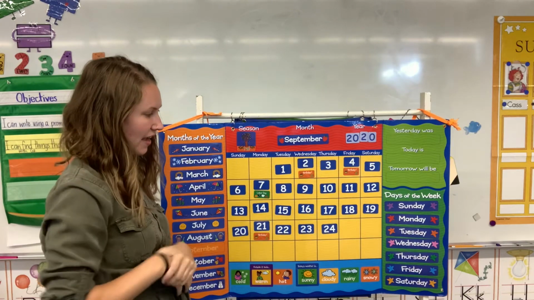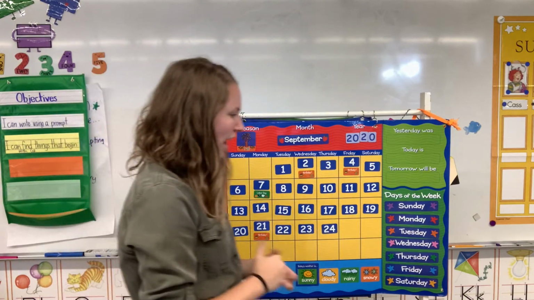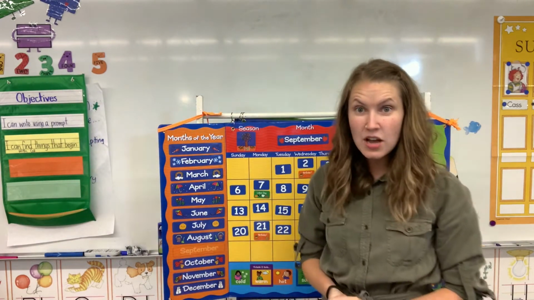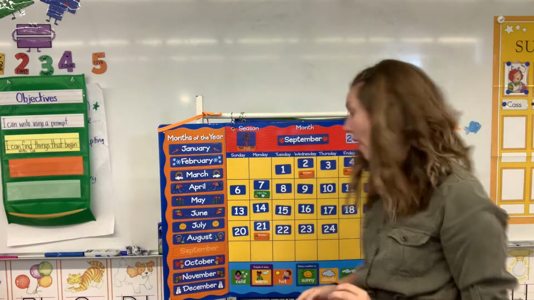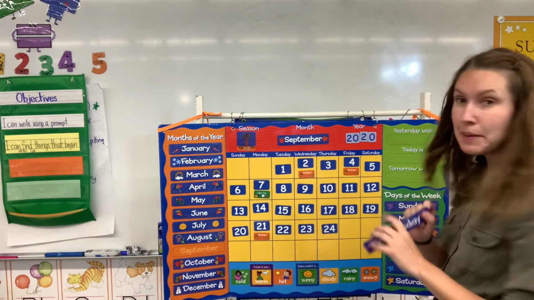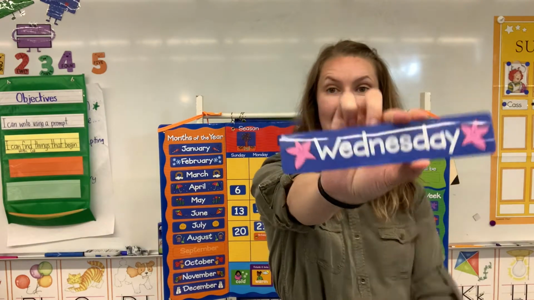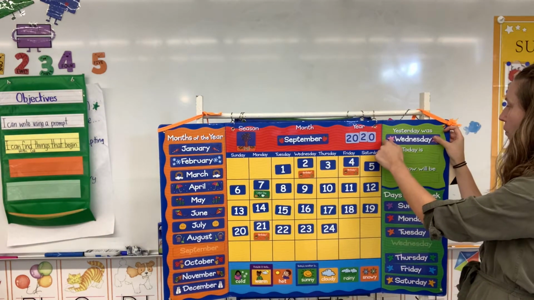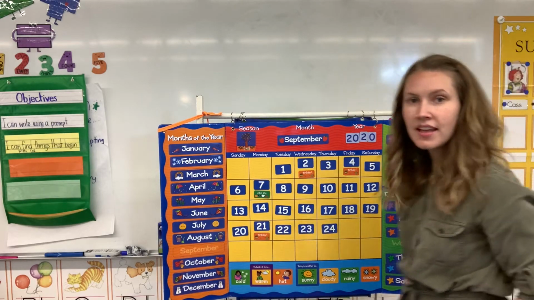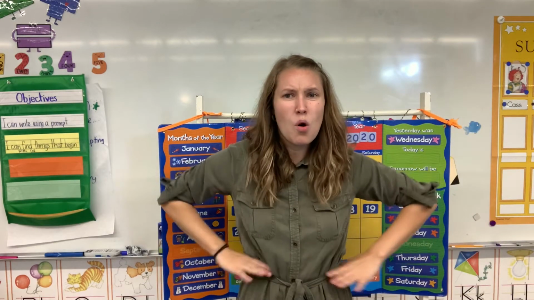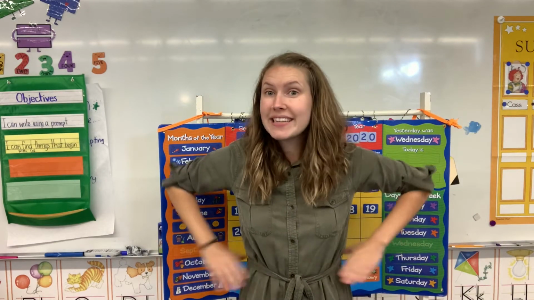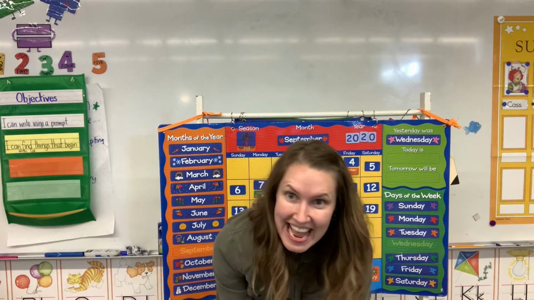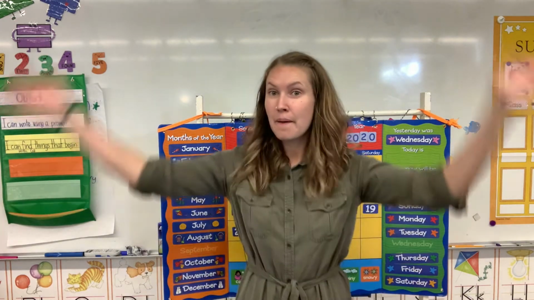So let's think. I remember that yesterday was Wednesday. So I'm going to put my Wednesday, begins with a W, under yesterday was. Now, if yesterday was Wednesday, what day is it today when we go to our knees?